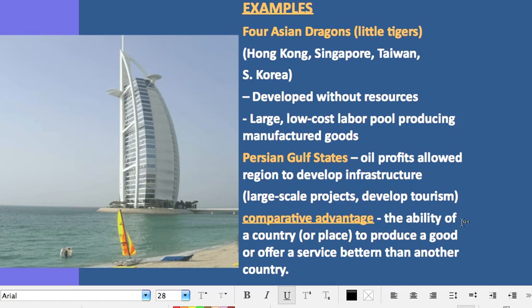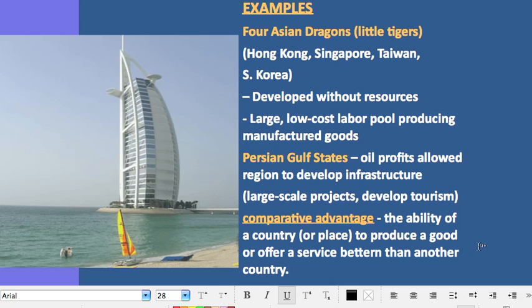Just to talk about this vocabulary term, comparative advantage. Comparative advantage is the ability of a country or a place to produce a good or offer a service better than another country.